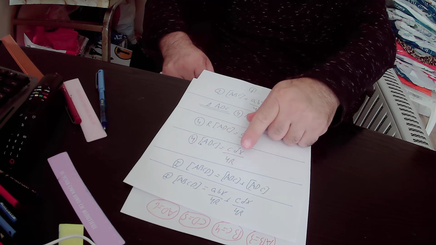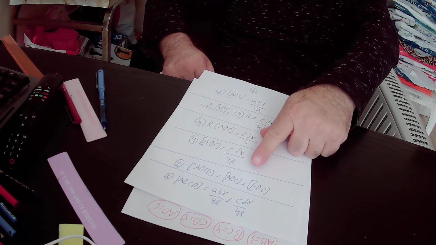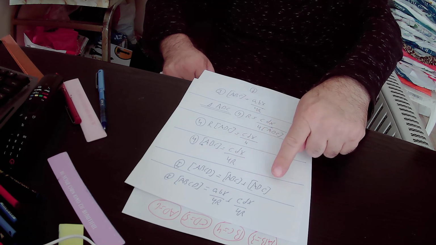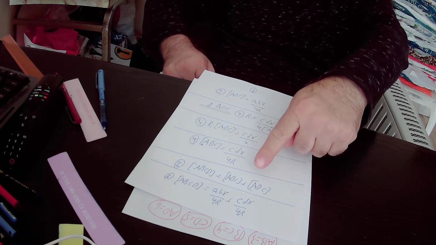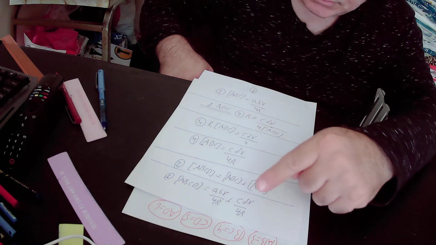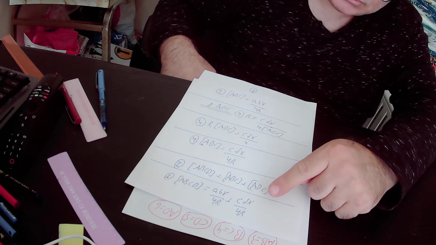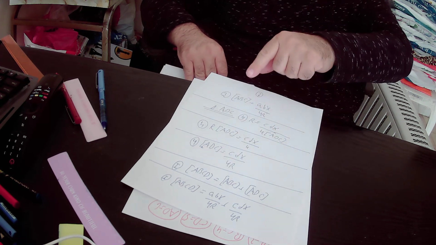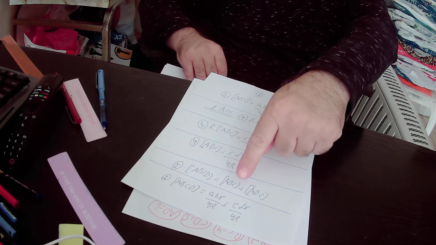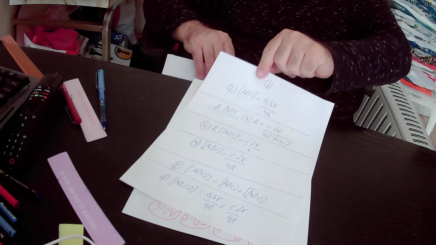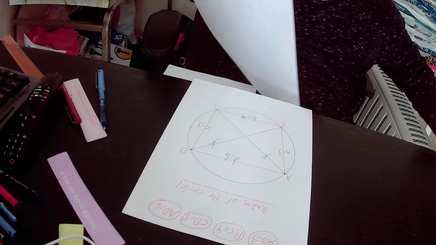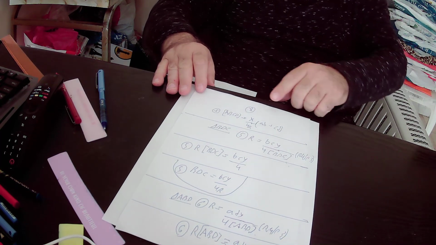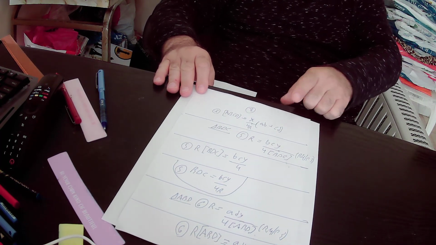We have already found that the area of triangle ABC equals ABX over 4R, and the area of triangle ADC equals CDX over 4R. So we got this expression, and then we took X over 4R as a common factor, and we got that the area of quadrilateral ABCD, according to equation number 1, equals X over 4R times AB plus CD.